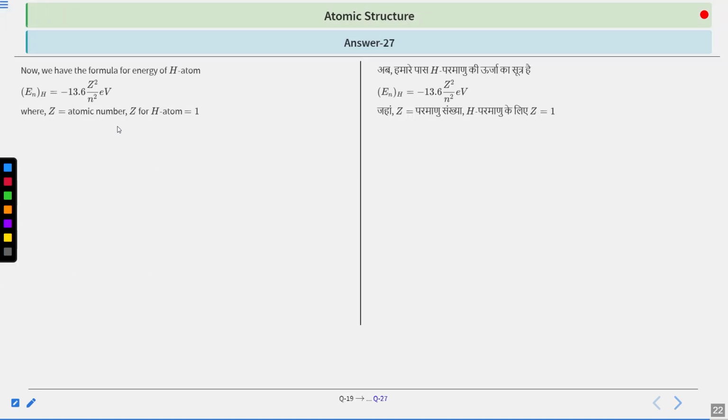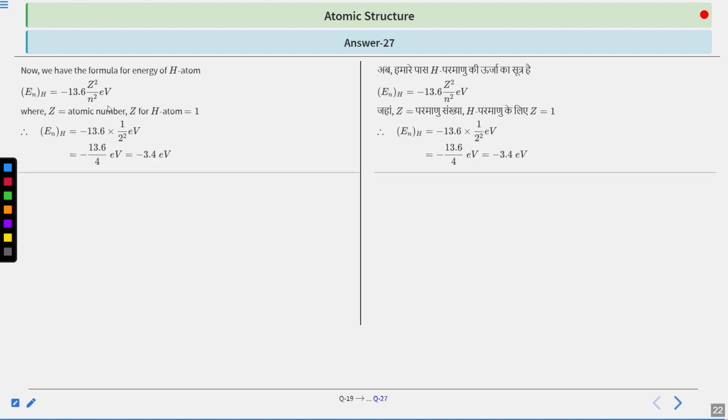We already know the formula for the energy of a hydrogen atom, which is given as minus 13.6 Z square by n square in terms of electron volt, where Z is your atomic number. For hydrogen, Z is 1, and the n value is 2, since we have done the transition to 2.